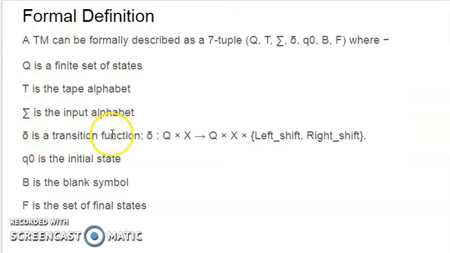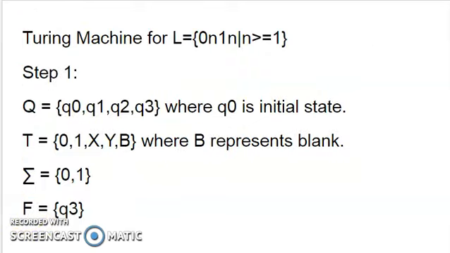Delta is transition function. We'll come back to this later. Q0 as usual is the initial state. B is used to represent blank symbol. F is final state. Okay, so we'll see a simple example of how to design Turing machine for 0 raised to n, 1 raised to n.